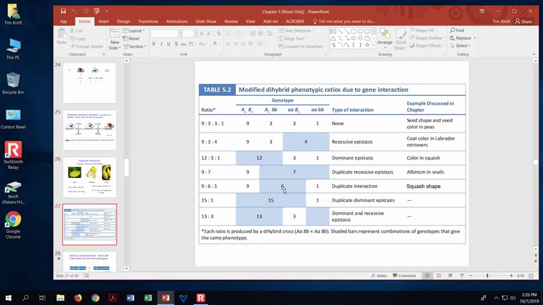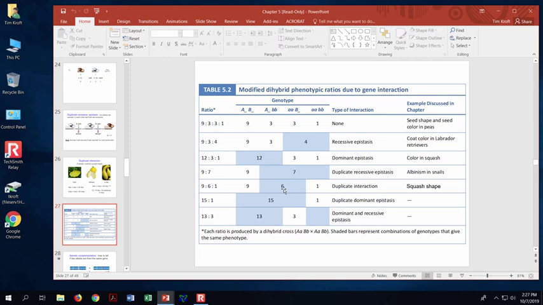Yeah, question. Is duplicate interaction kind of sort of what? Duplicate interaction is like incomplete dominance phenotypically.